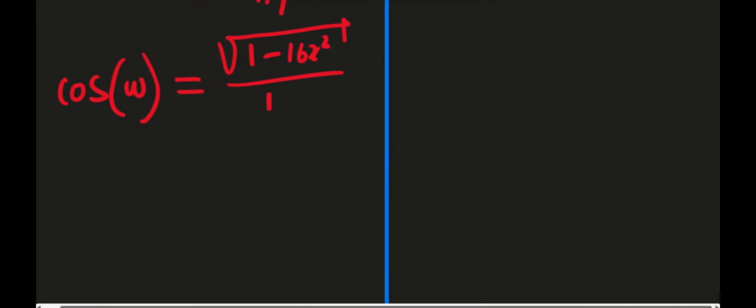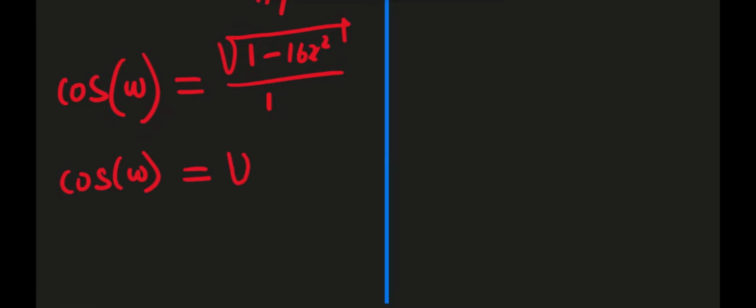So the final expression is that cos arc sine 4x is exactly the same thing as the square root of 1 minus 16x squared. This is your final expression.